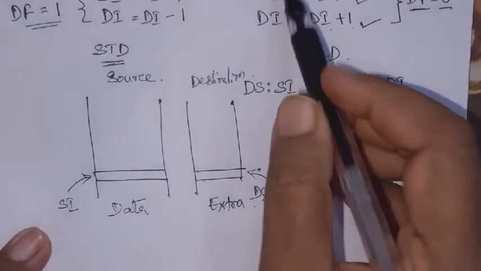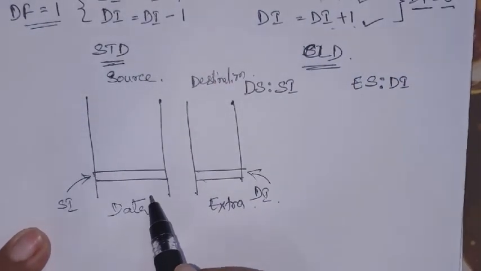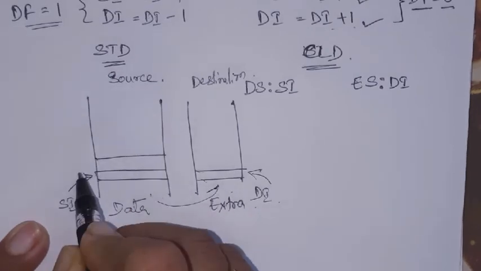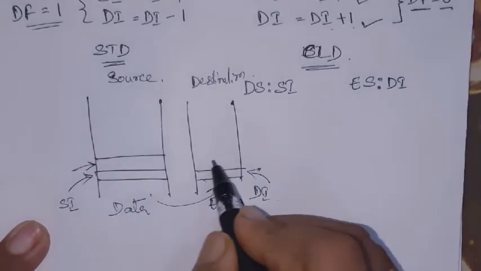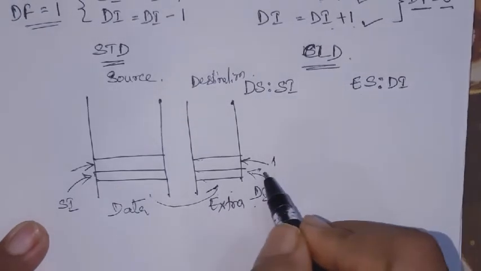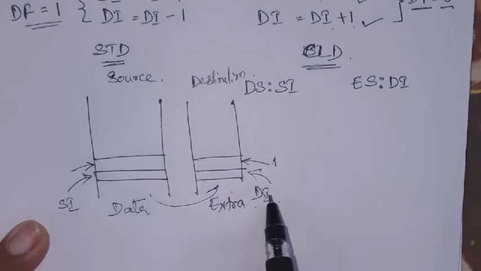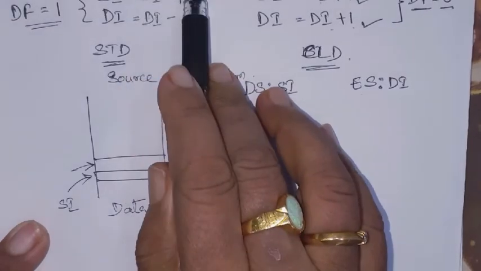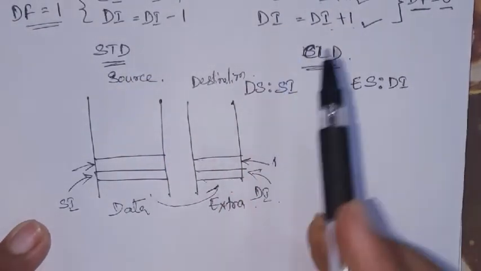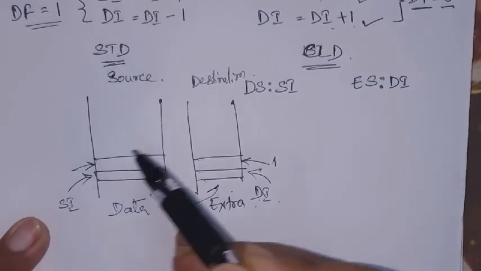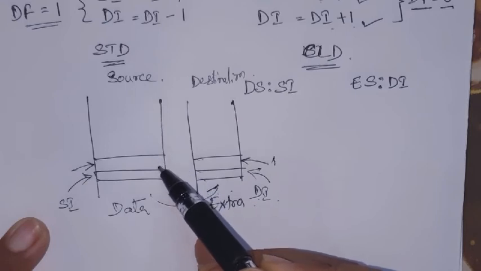So with this instruction, move string byte, 1 byte is transferred from the source to the destination, and automatically SI is incremented by 1 to point to the next memory location, and DI is also incremented by 1 to point to the next memory location. Once this instruction is executed, 1 byte is transferred and these contents are automatically incremented to point to the next byte in the memory.